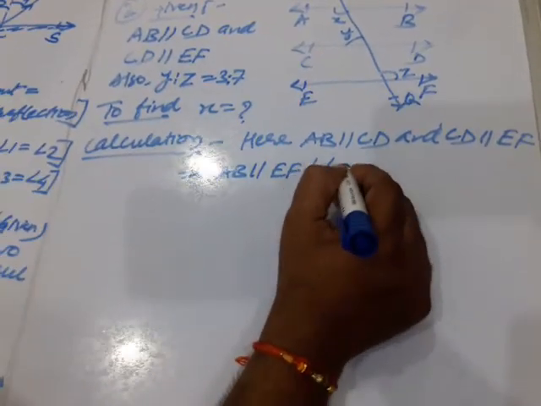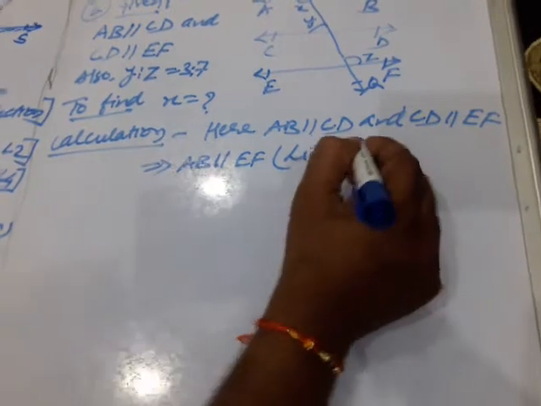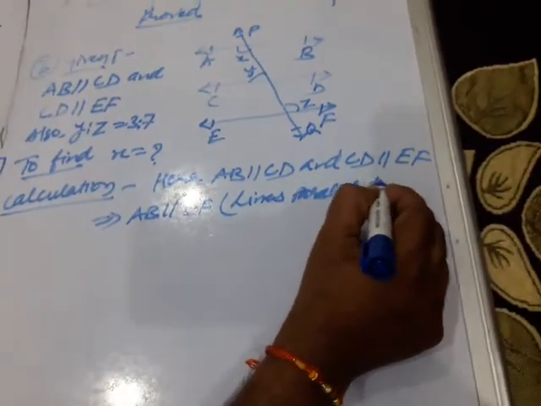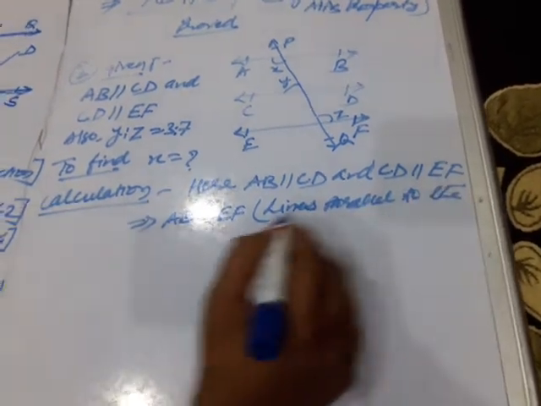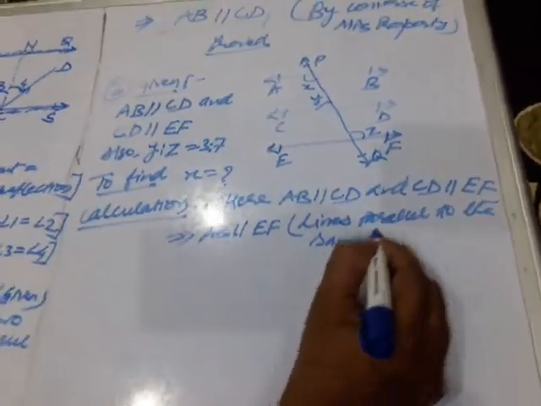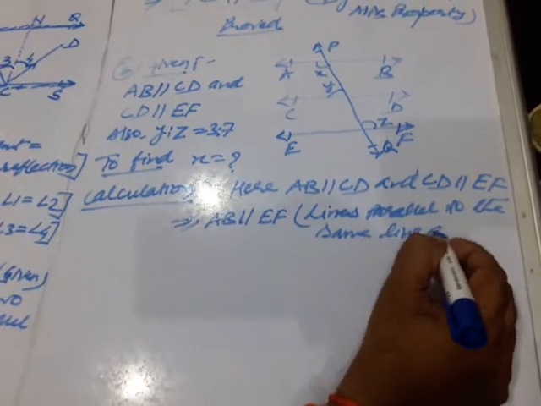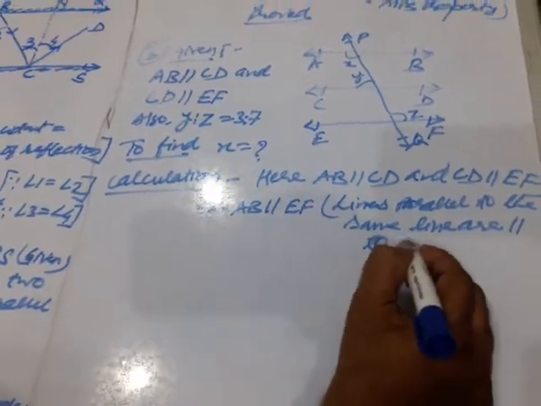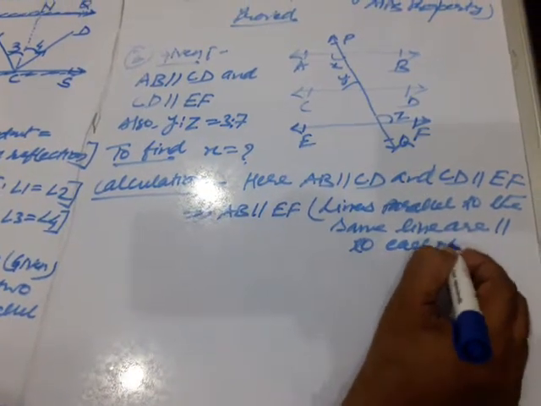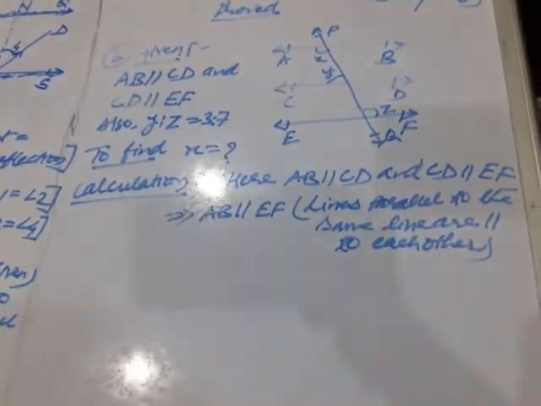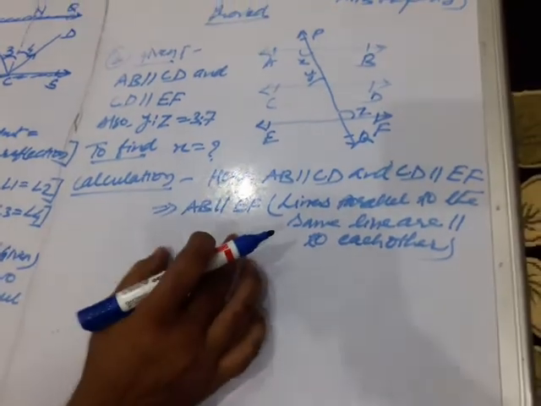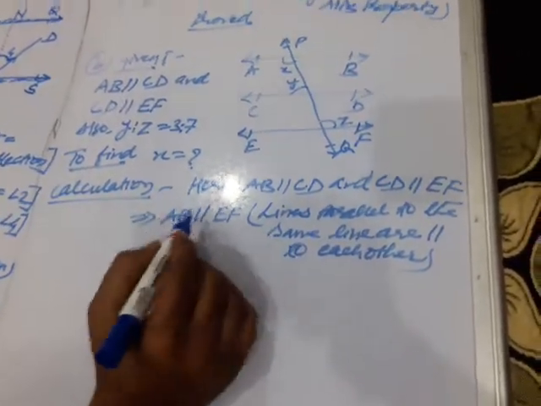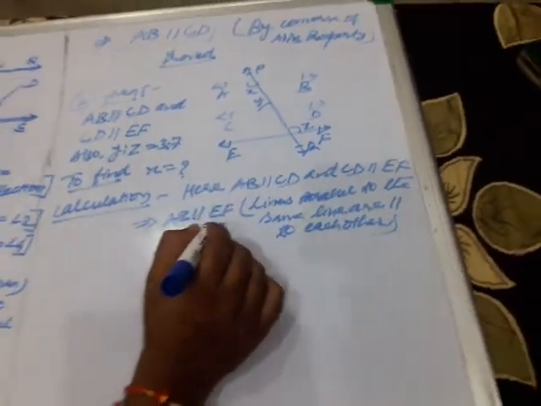Because lines parallel to the same line are parallel to each other. Okay children, so this is one new thing you have got.